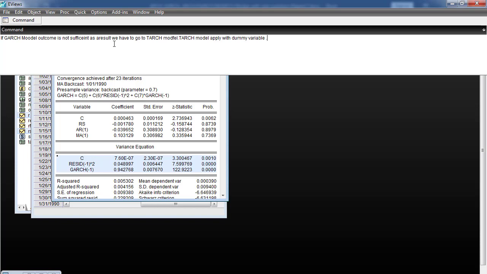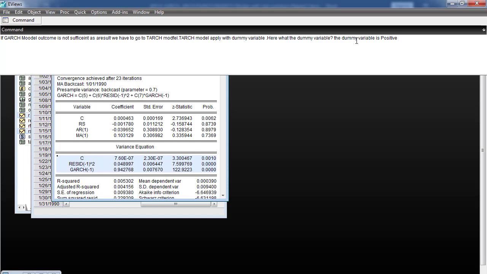So what is the dummy variable? The dummy variable depends on the error term.